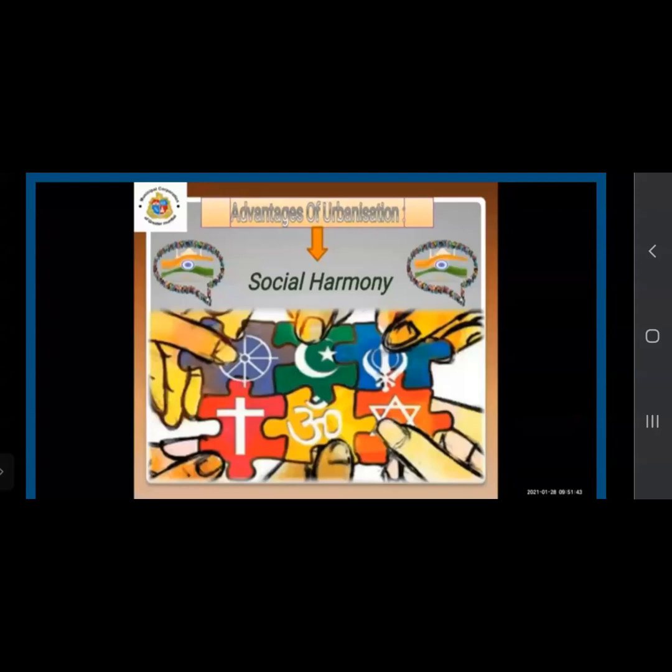That is social harmony. In spite of different castes, religions, languages, traditions and customs, when people come together and stay together, there is mutual understanding between them and a bond between them.